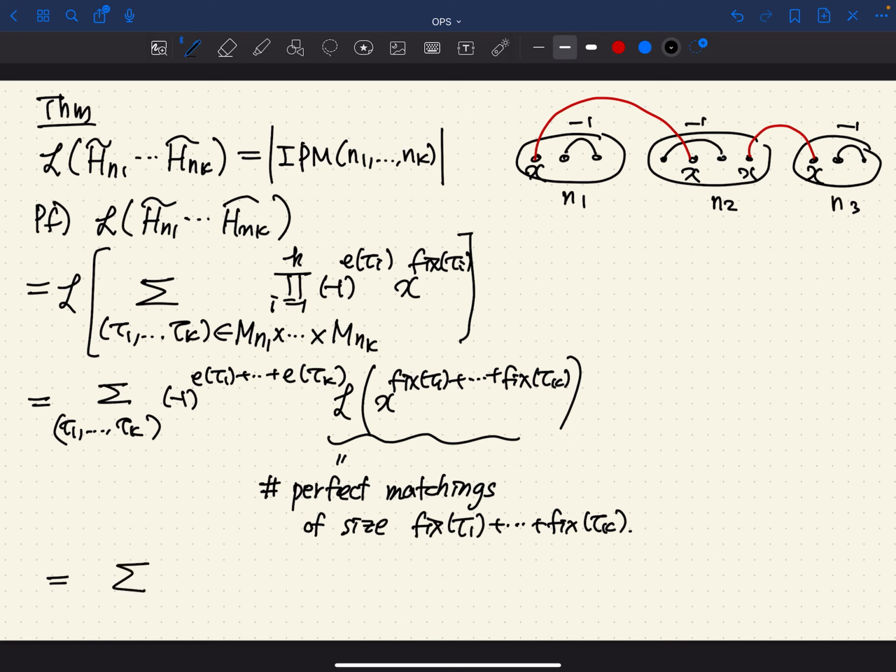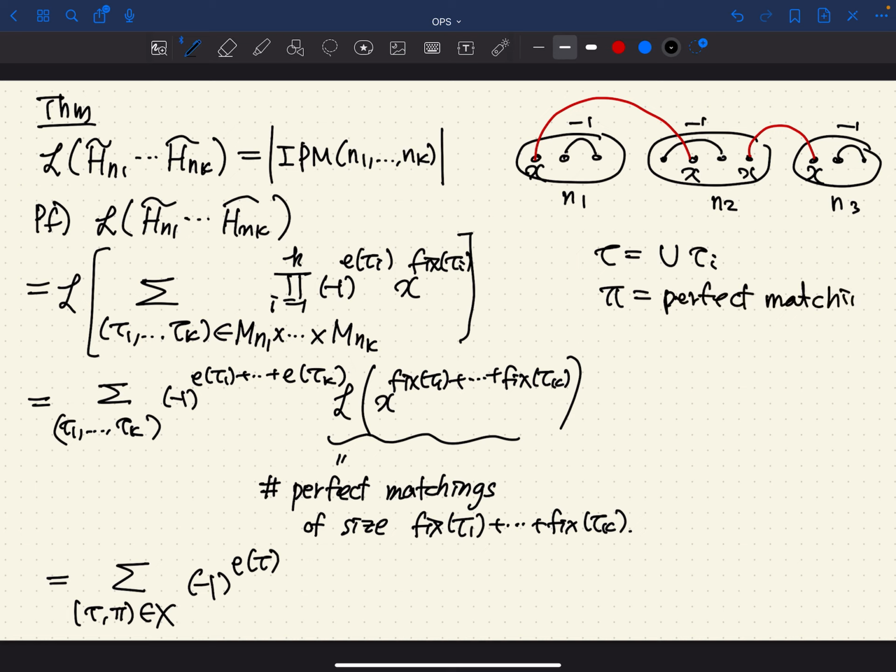maybe I can explain the definition later, and let me write down and explain what it means. So tau is basically the union of all taus. You take all the unions of these, so only the black edges. And pi is the perfect matchings on the fixed points.